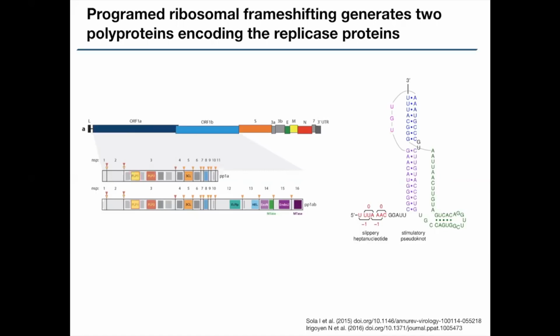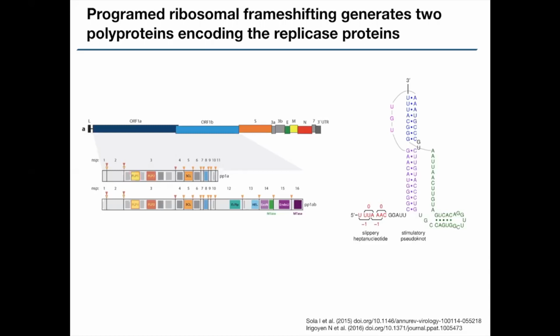And that programmed translation read through is a frameshifting event that is governed by two properties of the genomic RNA. The first is that right around that stop codon, there's something called a slippery sequence. And this is shown in the RNA diagram on the right, the sequence of UUU, AAA, AC.